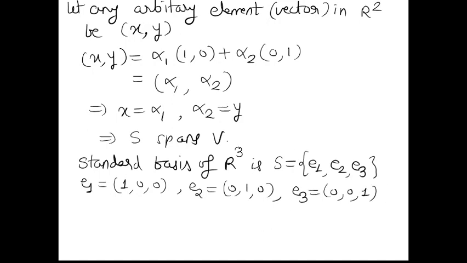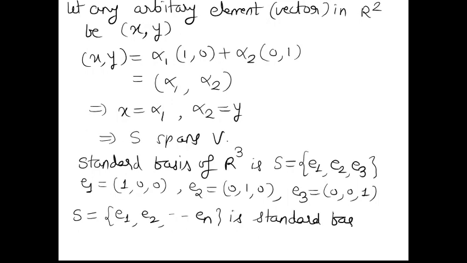If I ask what would be the standard basis of R to the n, it will be nothing but the set containing E1, E2 up to En, where each Ei will be an n-tuple.